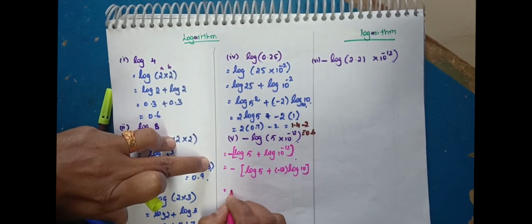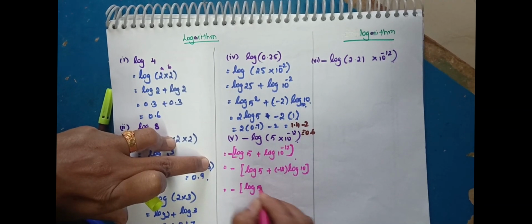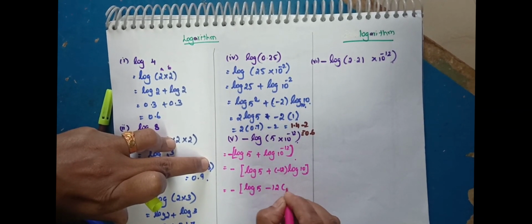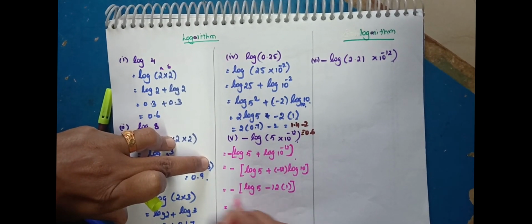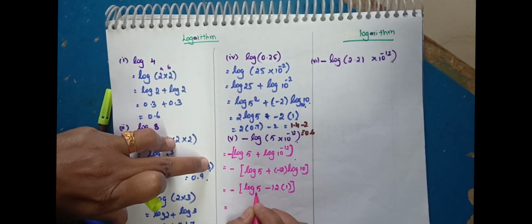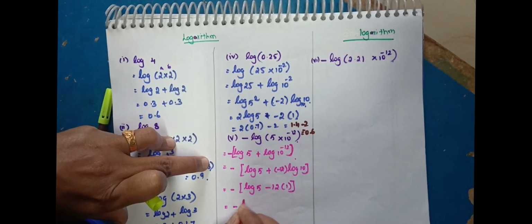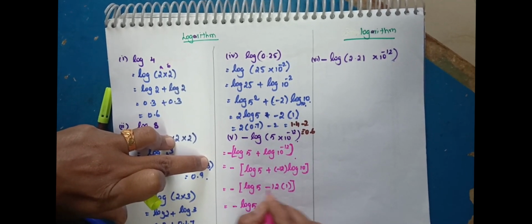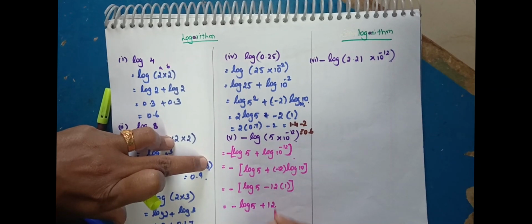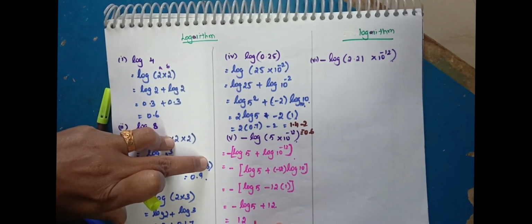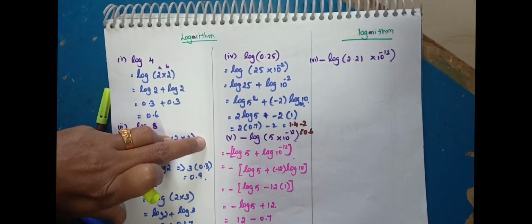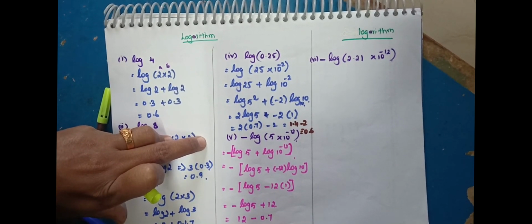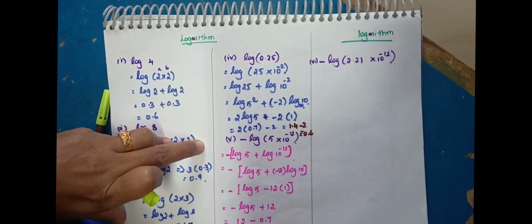Now again negative of log 5 minus 12 into 1. Fine. Now we are taking the negative inside. So minus log 5, minus into minus plus 12. So 12 minus log 5, which is 0.7. So 11.3 is the answer.